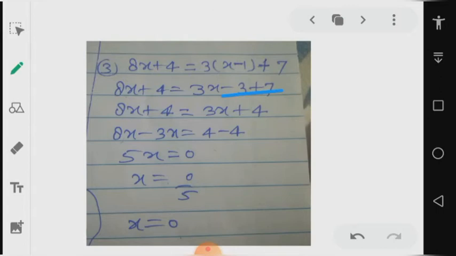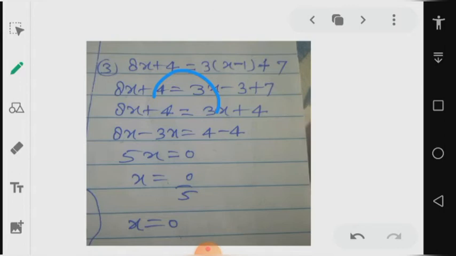So it is 3x minus 3 and plus 7. Now on the right side, this minus 3 plus 7 becomes 4. Then we collect the like terms. So 3x will be transposed to the left side, and it becomes 8x minus 3x.